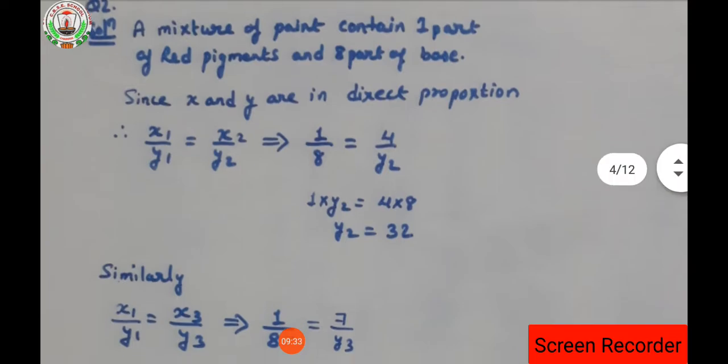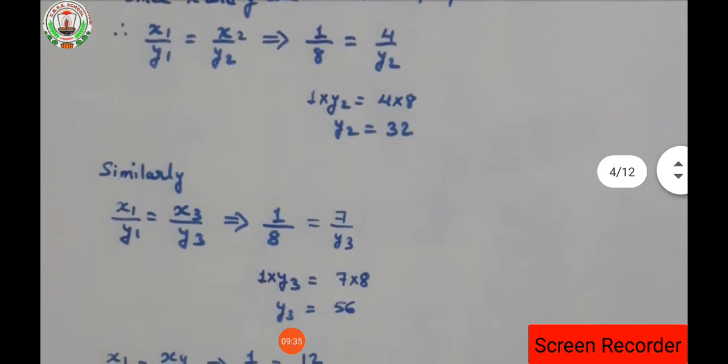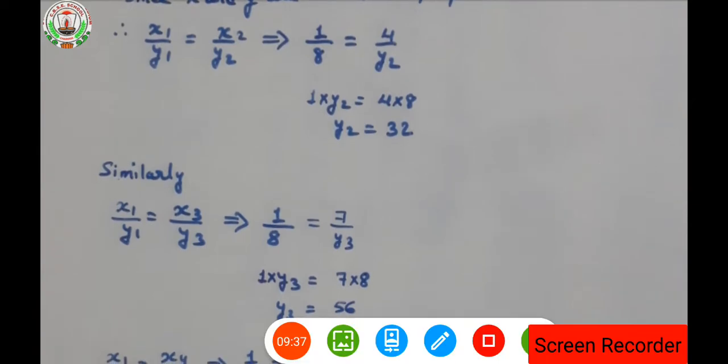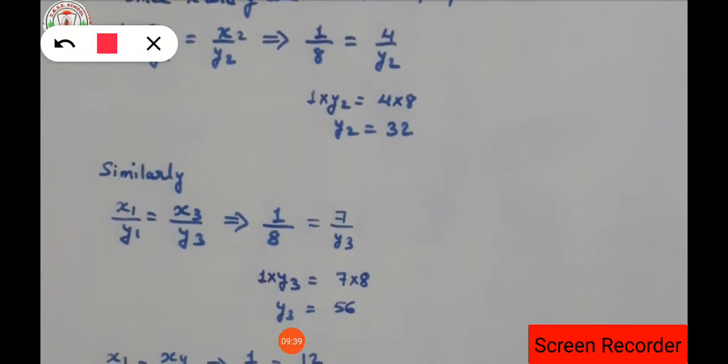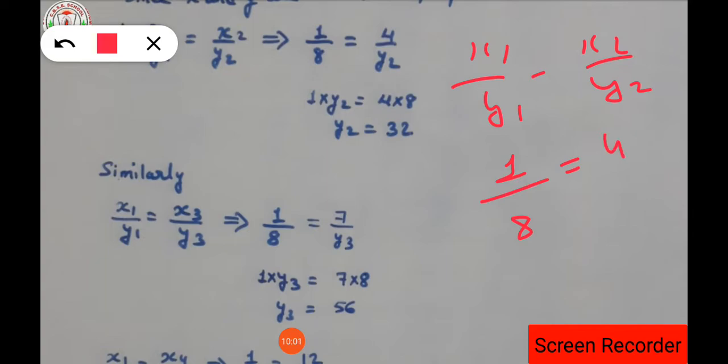If x and y are in direct proportion, what do we have to do? We have to find the values of the numbers. So x1 upon y1 is equal to x2 upon y2. Now x1 upon y1 is given in the tabular box as 1 upon 8, which is constant for all the quantities, equal to x2 upon y2. x2 is given as 4 in the table, y2 we have to find.